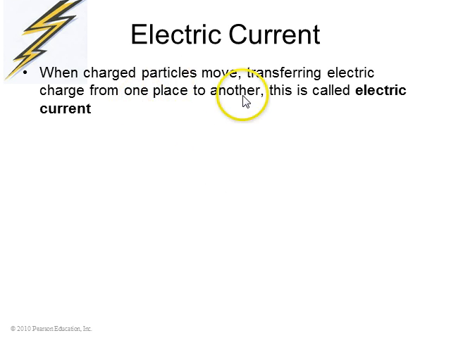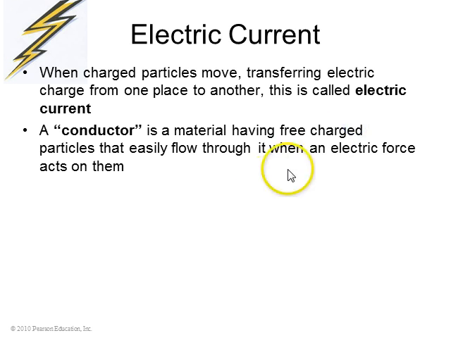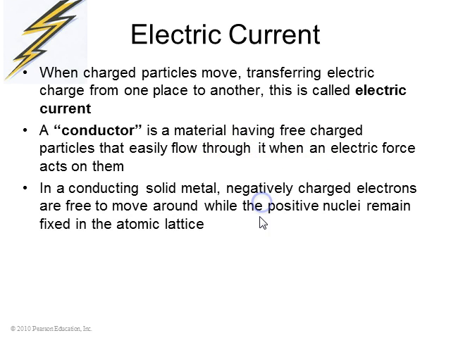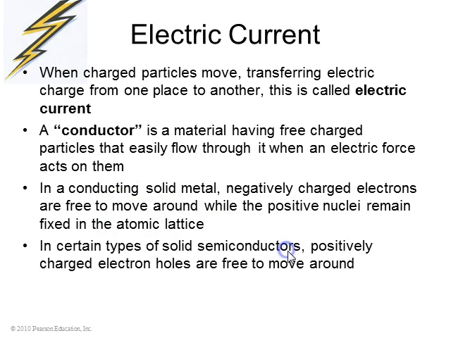Current. So when charged particles move, they transfer electric charge from one place to another. That's called electric current, or just current. And a conductor is a material that has some free charged particles that can move around. For example, in a metal, negatively charged electrons can move around inside the metal, while the positive nuclei remain fixed in that lattice.